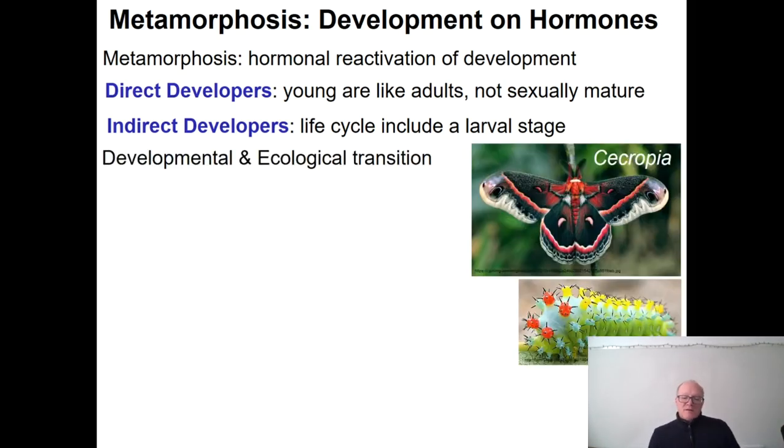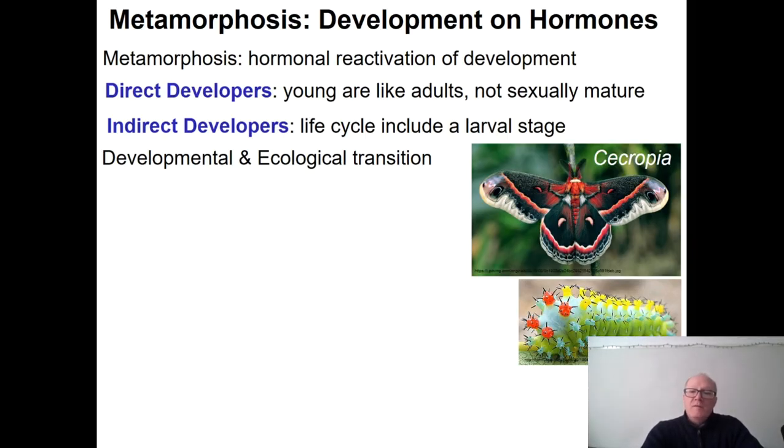Now, metamorphosis can separate two different ecological stages. So metamorphosis not only represents a developmental stage, if you want, but also an ecological transition. And this is the case of this example here of this Cecropia moth.